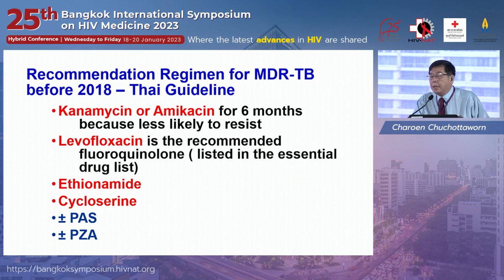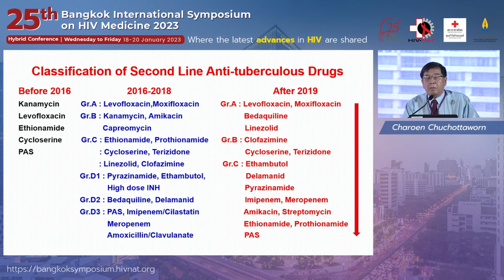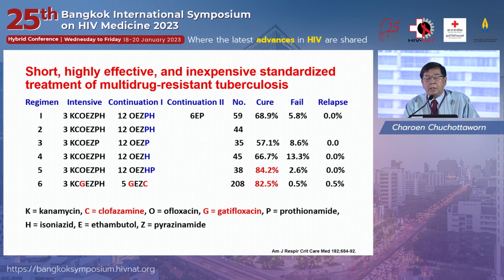Most of the guidelines used kanamycin, amikacin, levofloxacin, ethionamide, cycloserine, plus or minus pyrazinamide and PAS as a recommended regimen for MDR-TB. But after these classifications, the milestone study was published in 2010 in the American Journal of Respiratory and Critical Care Medicine, from Professor Van Deun in the Damien group.